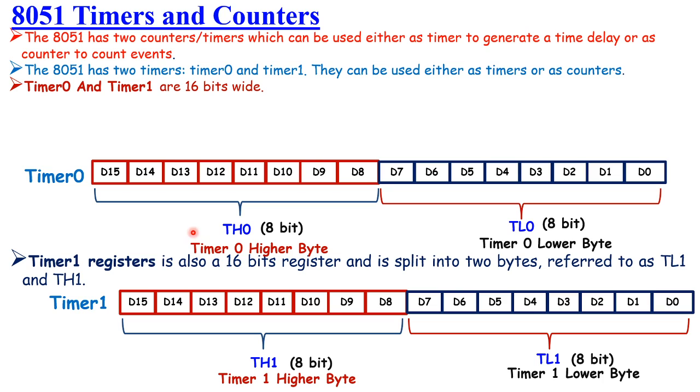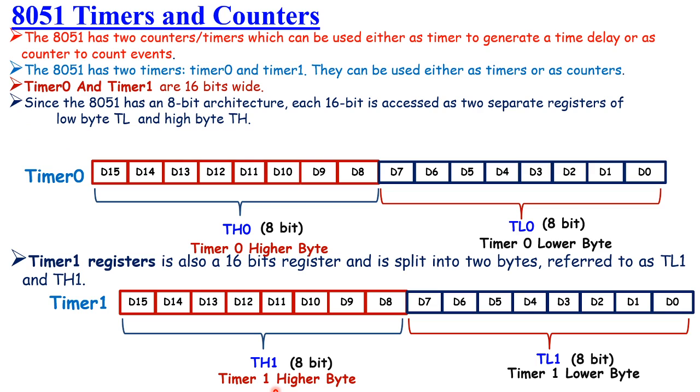Timer 1 register is also a 16-bit register and is split into bytes referred to as the lower byte of timer 1 and the higher byte of timer 1. Lower byte means D0 to D7, we name it TL1, the 8-bit lower byte of timer 1. D8 to D15 is the higher byte of timer 1, named TH1, the 8-bit higher byte.